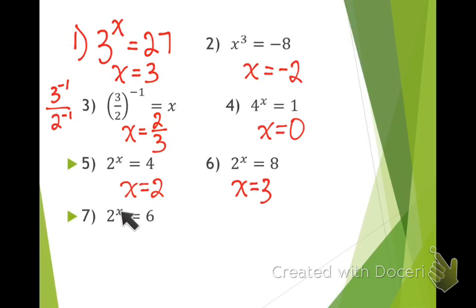So that exponent would have to be somewhere in between what two numbers? 2 and 3. So it's going to be some decimal. It's not going to come out nice. That's why there's a note by it on your notes sheet that this is when logarithms are useful. We're not actually going to solve this one yet. We'll learn how to solve this type of problem during this chapter.